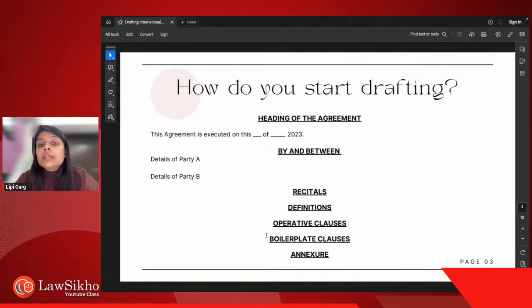Boilerplate clauses may or may not change. Then we come to the annexures. Annexures are attached at the end of the contract when all of these things are written. So this is the general layout of how any agreement will work. You have to basically go like this only, right?